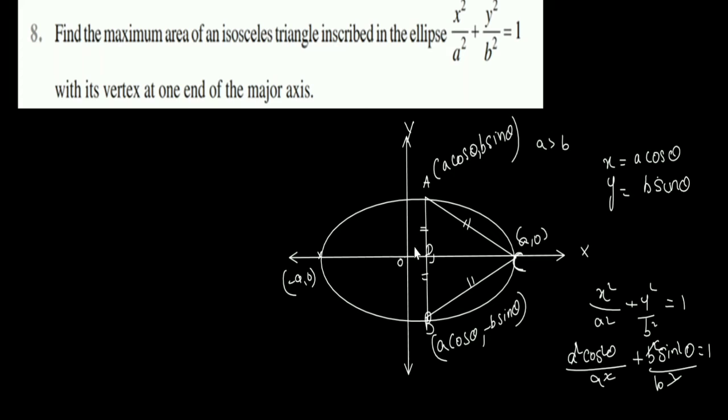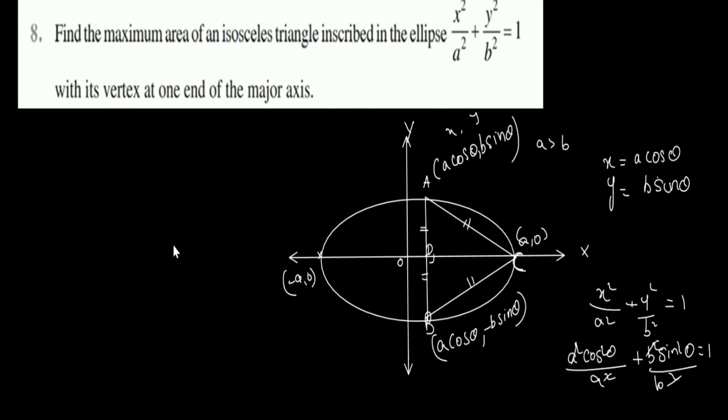The x coordinate, a cos theta. What is AD? b sin theta. What is DB? Minus b sin theta. DA and DB will be equal because D is the midpoint, because this triangle is an isosceles triangle. So we are taking this now.